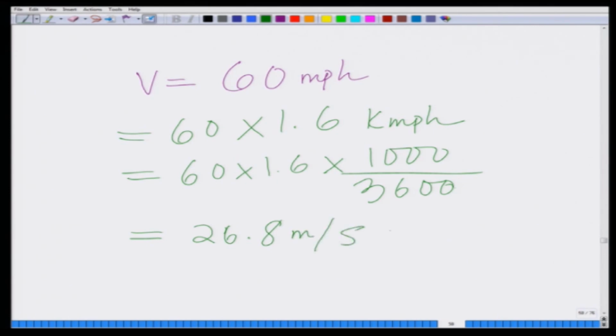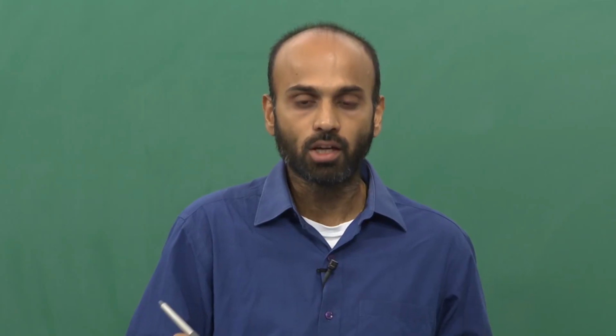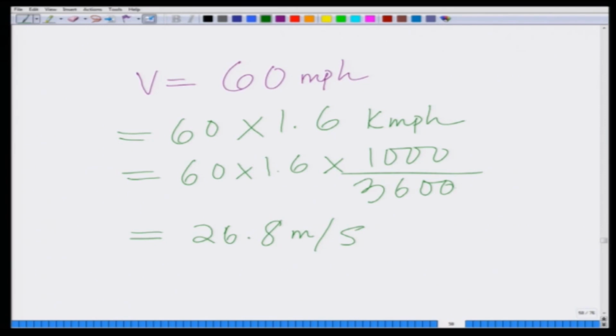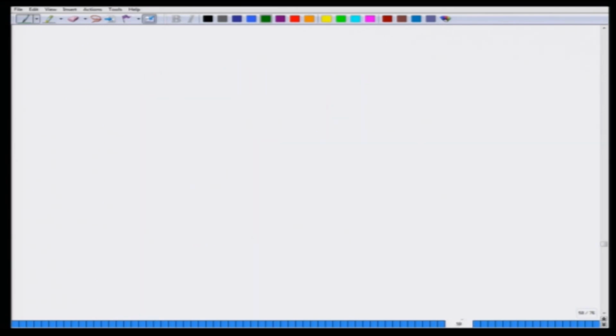So, 60 miles per hour, we have calculated the equivalent velocity in meters per second as 26.8 meters per second.